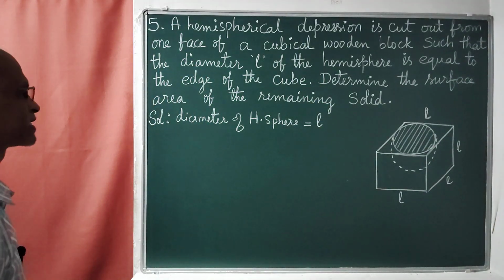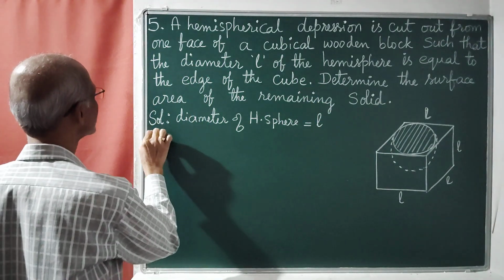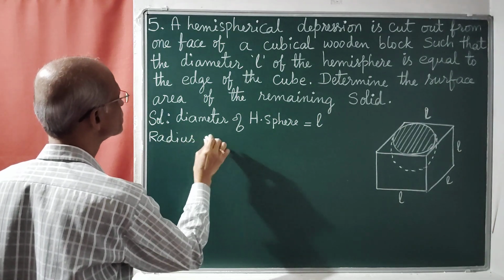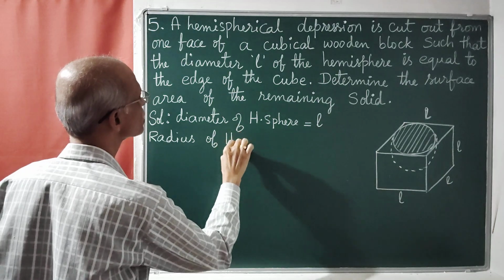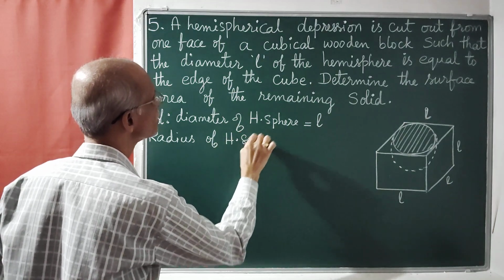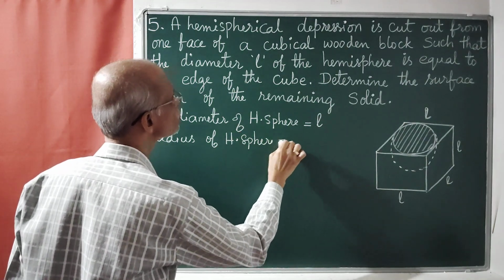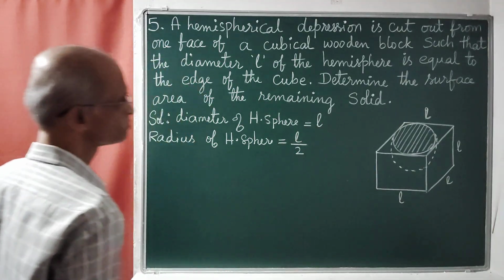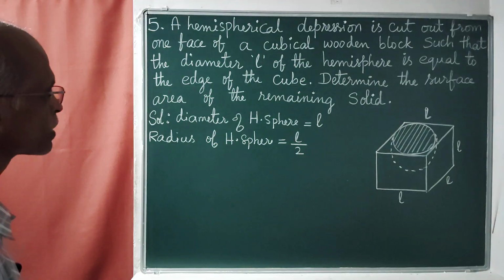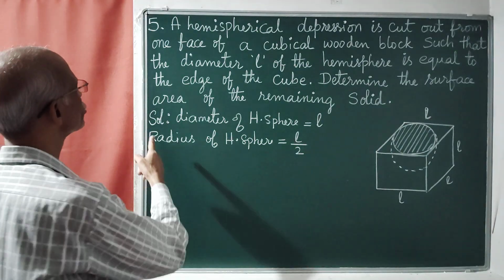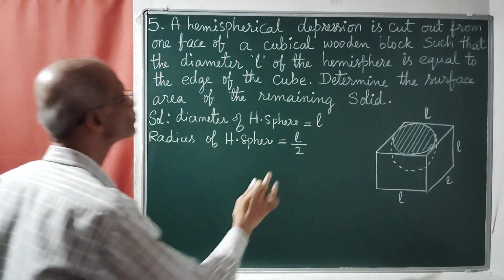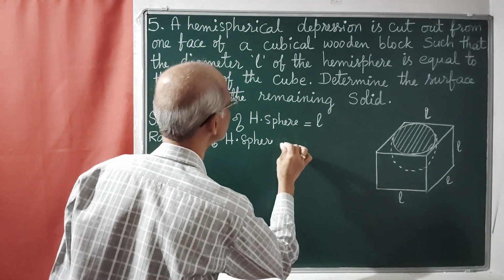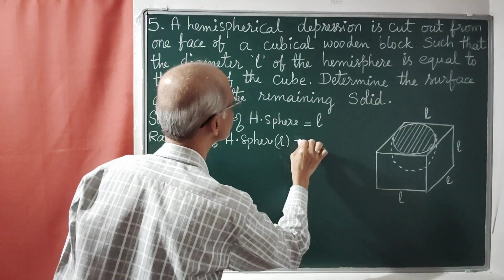The diameter of the hemisphere is L. So the radius of the hemisphere is equal to L by 2. So the radius r is equal to L by 2.